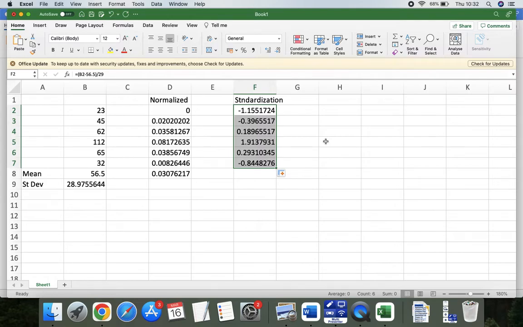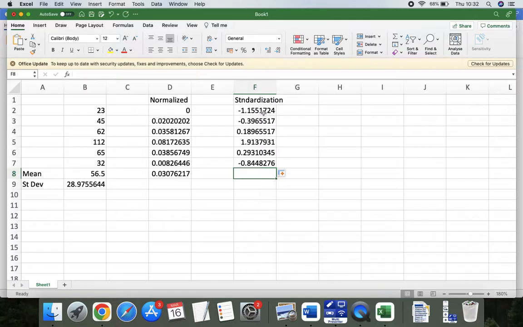So that's how it is transformed. If you look at this data, most of your data is around 0, plus and minus 1, around that range actually.